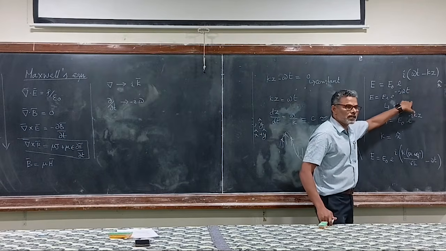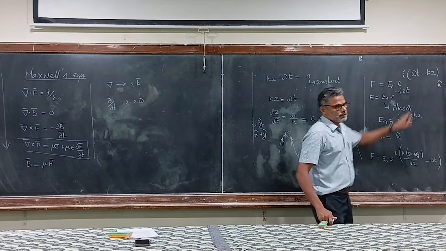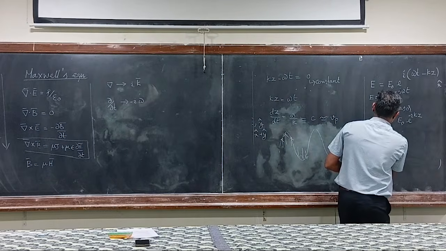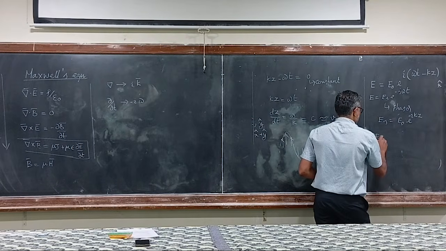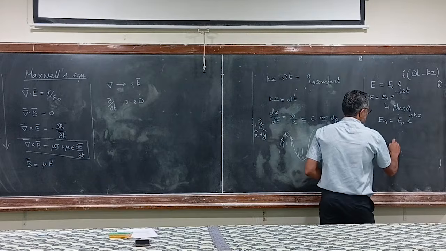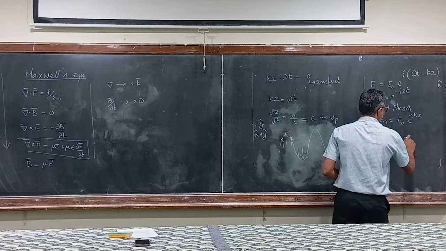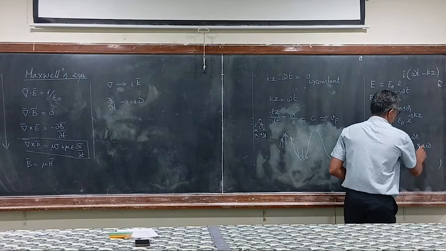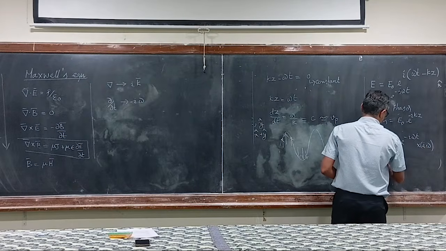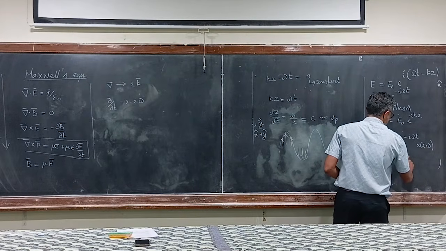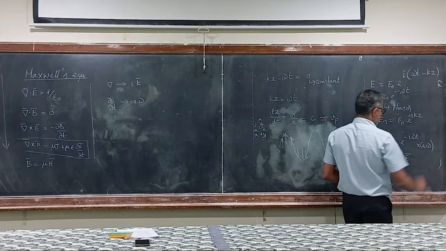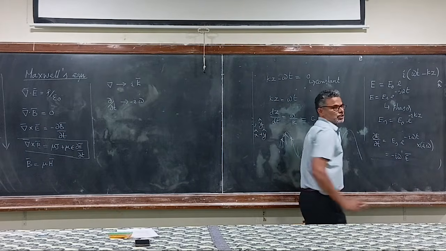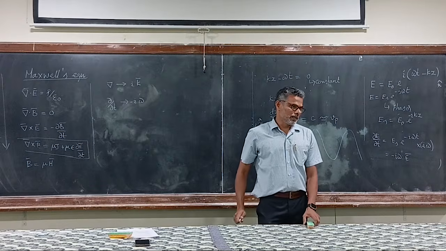So dou E by dou t will be ES e to the power of minus I omega t multiplied by minus I omega. Therefore minus I omega into E vector, because the remaining is nothing but the E vector. So the operator dou by dou t corresponds to minus I omega.